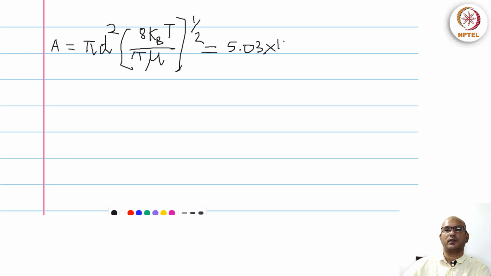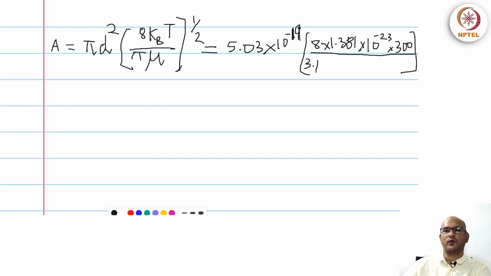It is 5.03 into 10 to the power minus 19, multiplied by 8 into Boltzmann constant 1.381 into 10 to the power minus 23 into temperature, which is 300, divided by pi, so 3.14, multiplied by mu, which is 1.86 into 10 to the power minus 26, and this fraction to the power 1 by 2.